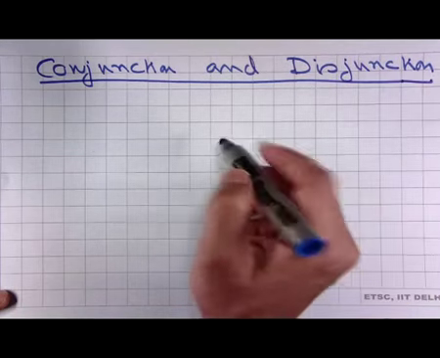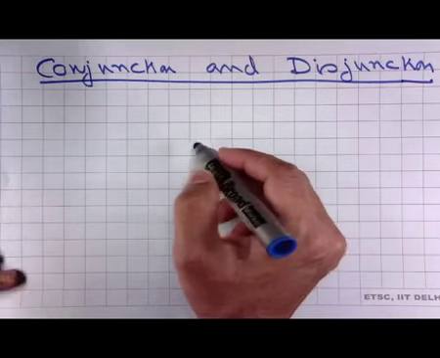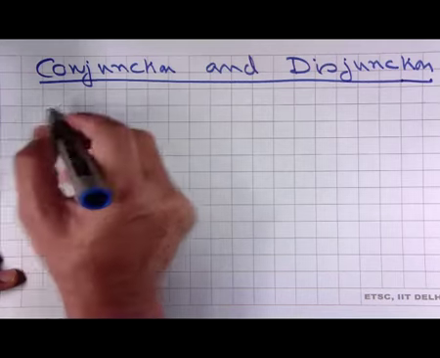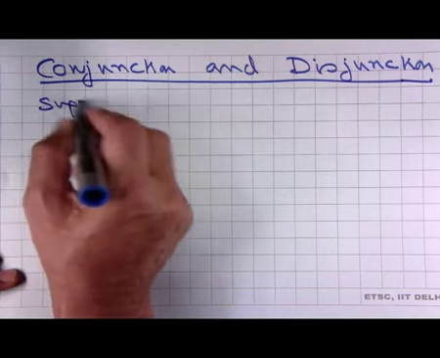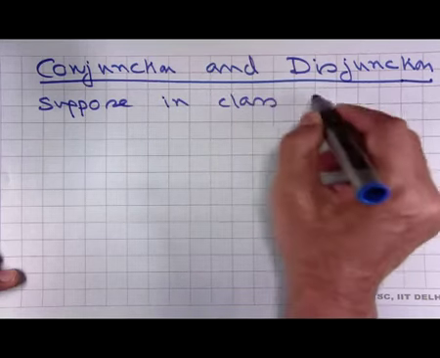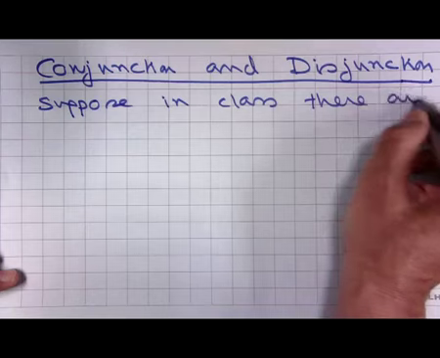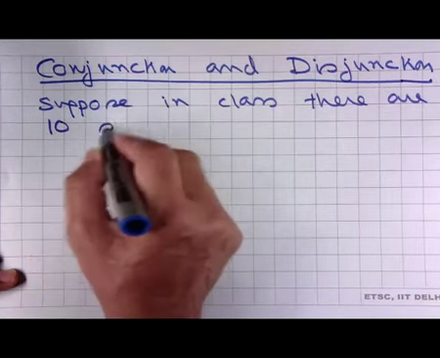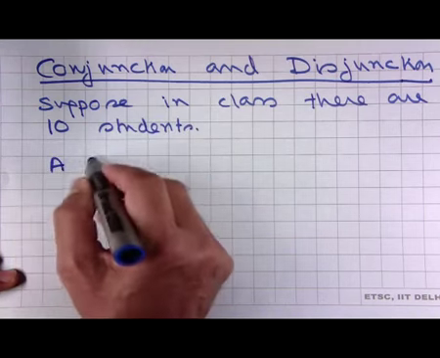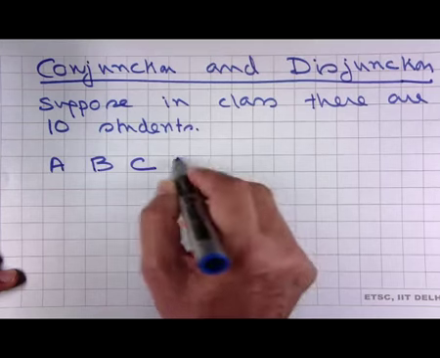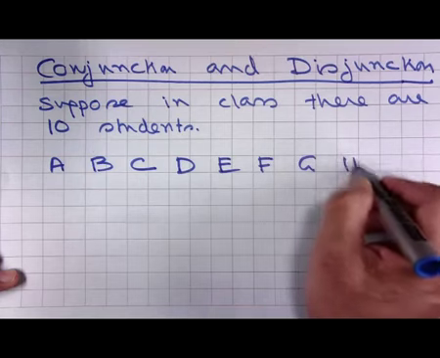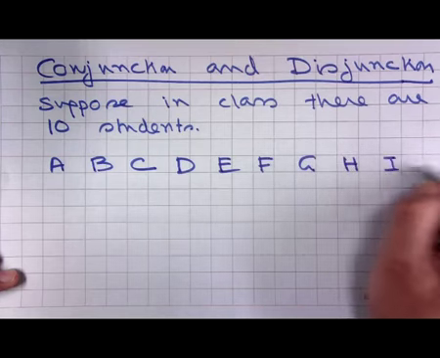So, today we will exemplify it with some simple example. Suppose in a class there are 10 students: A, B, C, D, E, F, G, H, I and J.